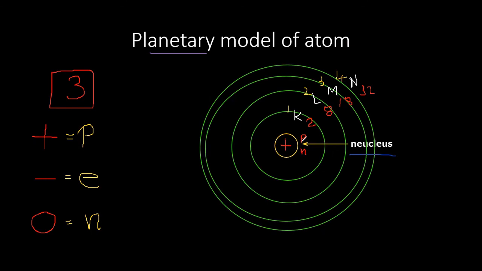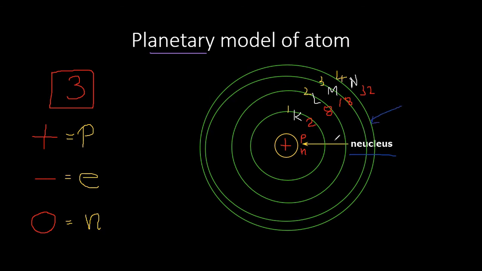And electrons are rotating at high speed around the nucleus to avoid being attracted towards the nucleus. There are 4 energy levels for the electron movements, which are called, from the nucleus to outside, 1, 2, 3, 4, or K, L, M, N, and these are called energy levels.